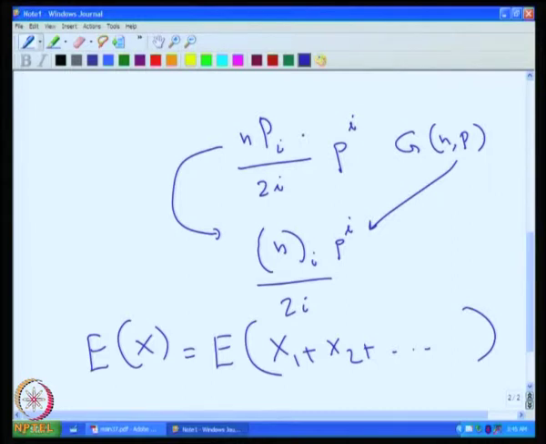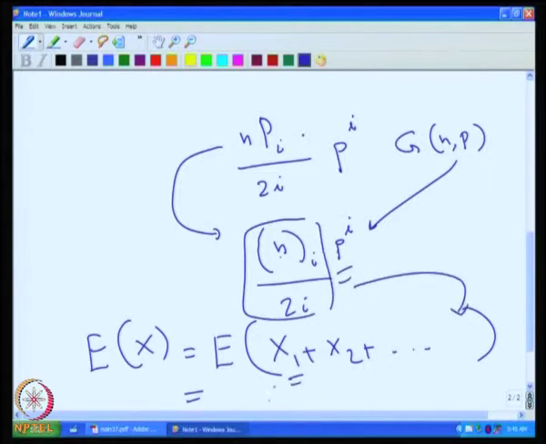We had discussed it in the last class, we will not repeat it. By linearity of expectation, because there are n P i by 2i of them, and p raised to i was the probability of this being 1, the expectation was p raised to i. So, when you sum up, you got this. I won't repeat it.